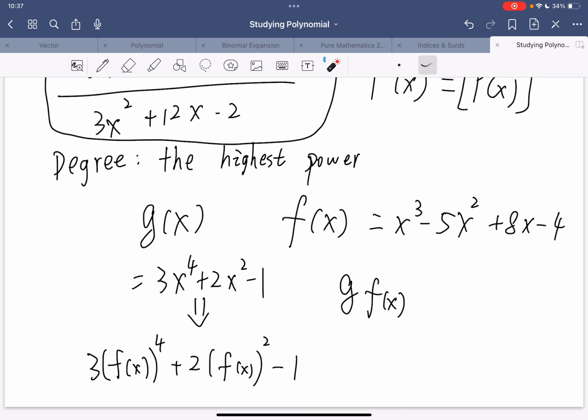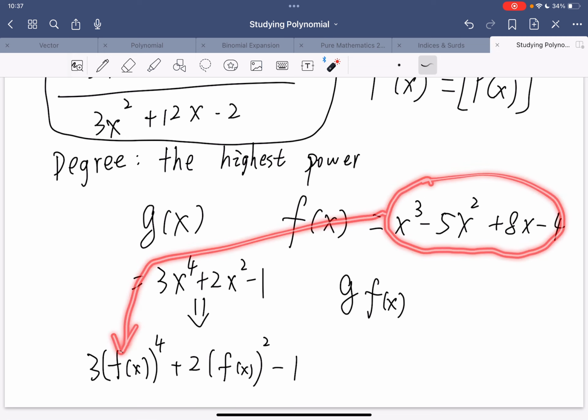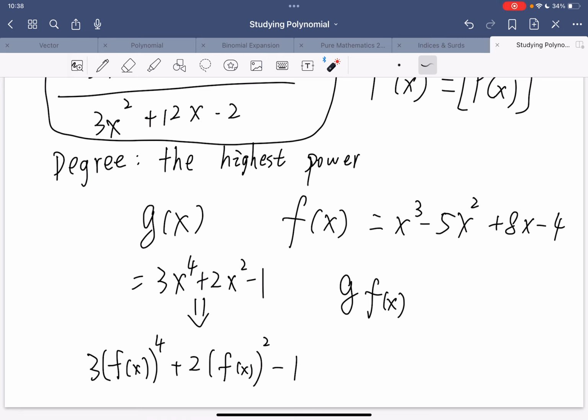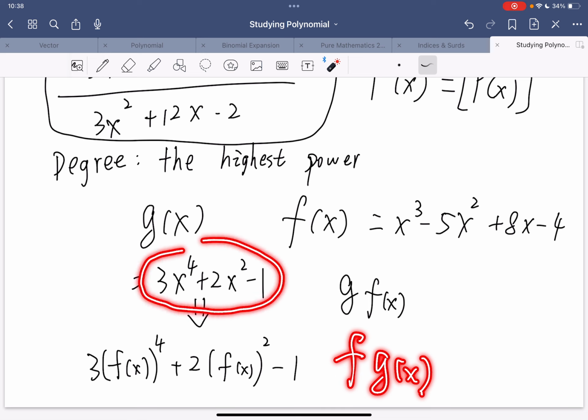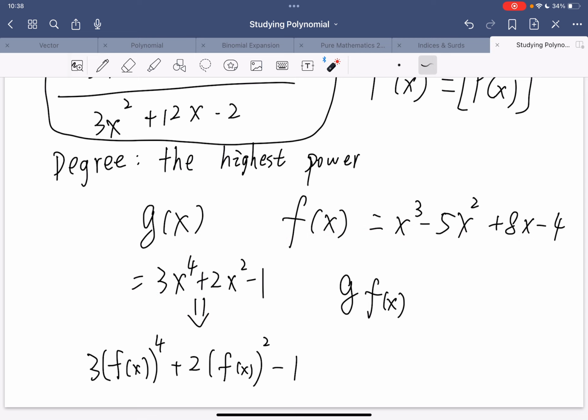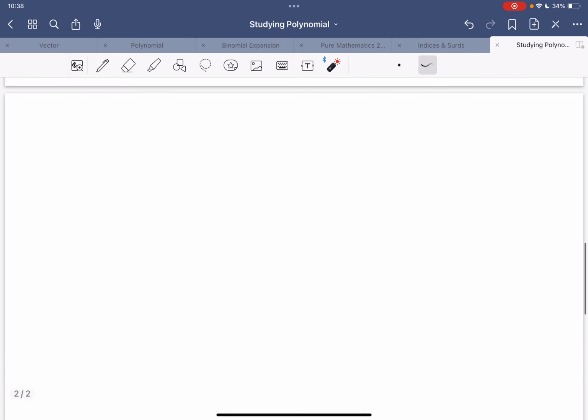And then you bring the whole expression into the bracket, and then raise it to the power 4 and the power 2. That's it. But if we do it reversely, then we do the opposite: we bring the whole g expression into each x term in f(x), and then respectively raise it to the different powers. Okay, right.